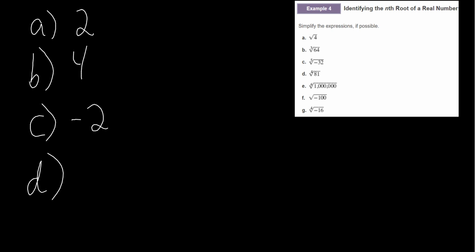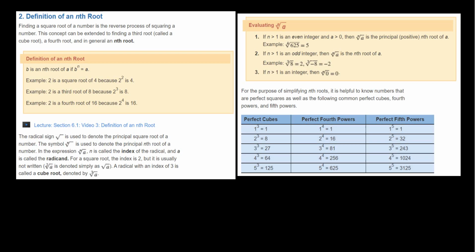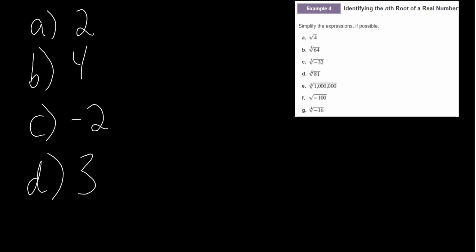In D, we have the fourth root of 81. From the previous page, looking at the perfect fourth powers, we know that 3 times 3 times 3 times 3 is equal to 81. E, the sixth root of 1 million, that's just going to be 10.